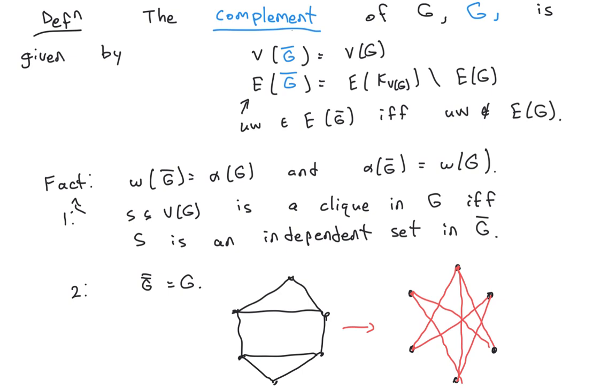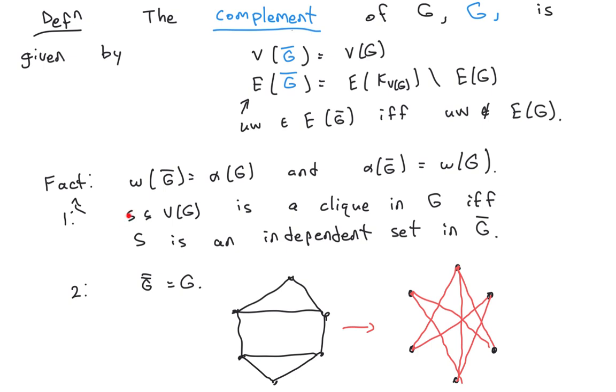So one key fact is that the clique number of the complement is actually the independence number of the original graph and vice versa. And the reason why this is true is because a subset of vertices forms a clique in the original graph if every pair of those vertices has an edge between them, but by definition of a complement, that means in the complement they don't have an edge between them.